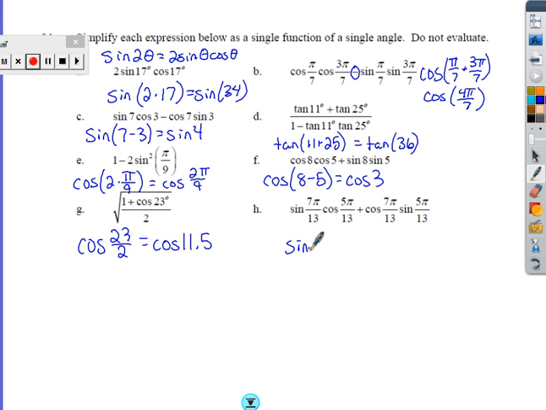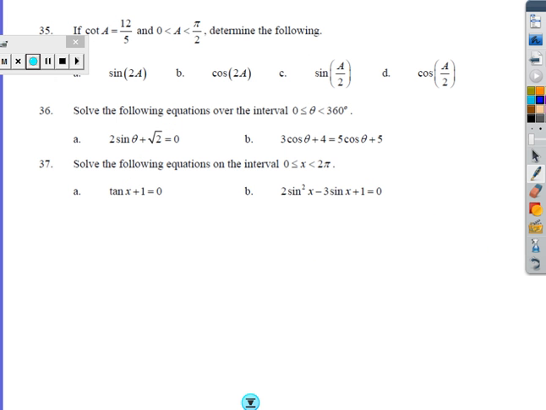So this would be the sine of 7 pi over 13 plus 5 pi over 13. And when I add those two together, I'm going to wind up with the sine. I don't have to evaluate these, so I can just leave it as is.